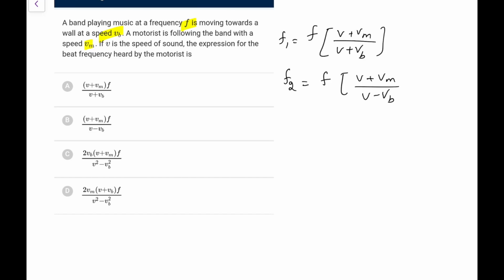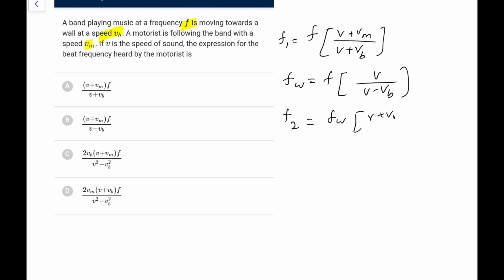We can directly go for this, or let me write it more clearly. First of all, what the wall hears, the wall will receive f into v minus vb upon v, and what this biker hears would be this fw into v plus vm upon v. So it basically comes out as f into v plus vm upon v minus vb.